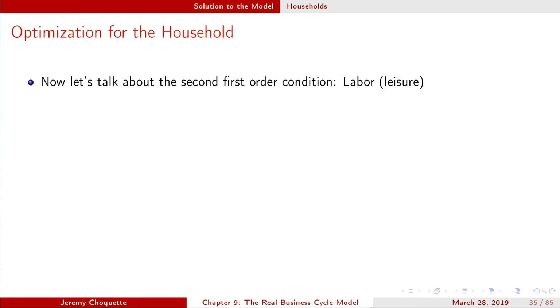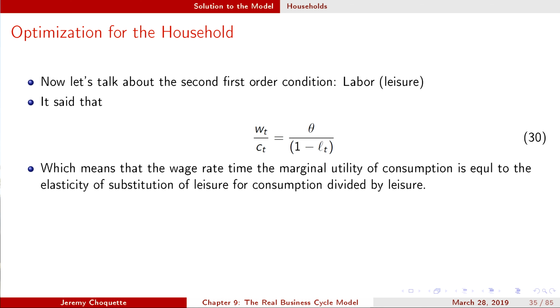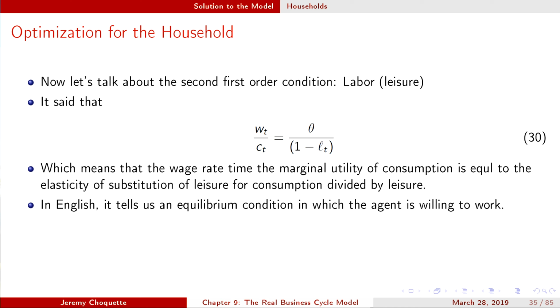So time to talk about labor and leisure. That first order condition gave me this. What that meant was the wage rate times the marginal utility of consumption is equal to the elasticity of substitution of leisure for consumption divided by leisure. In English, it tells us an equilibrium condition in which the agent is willing to work.